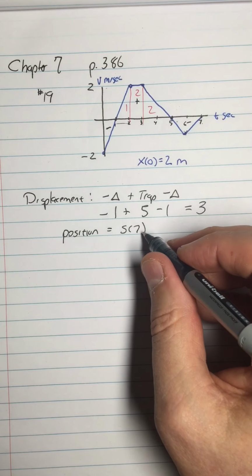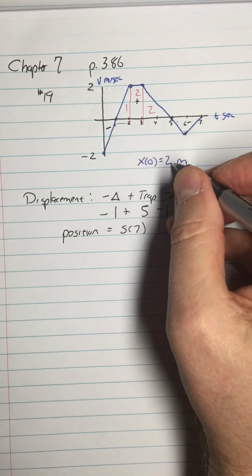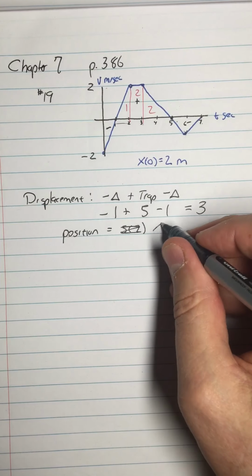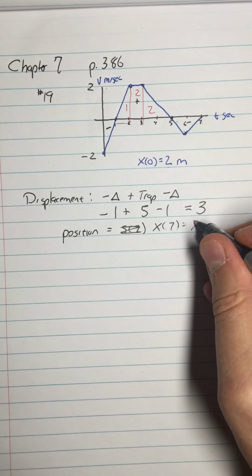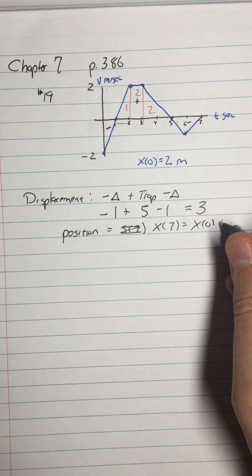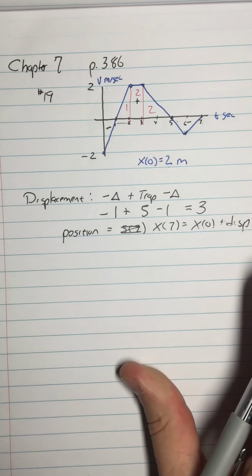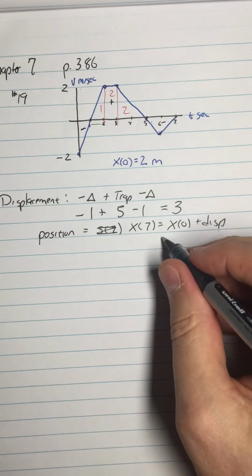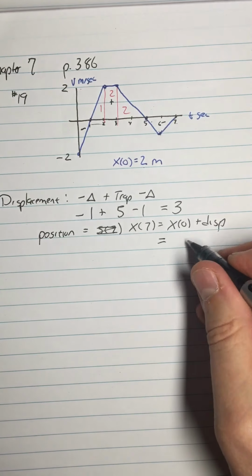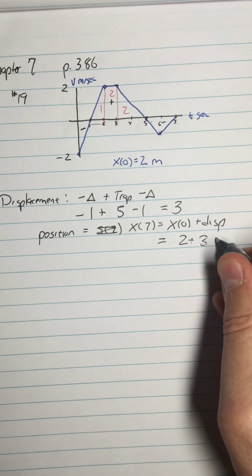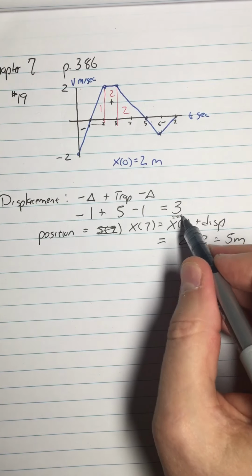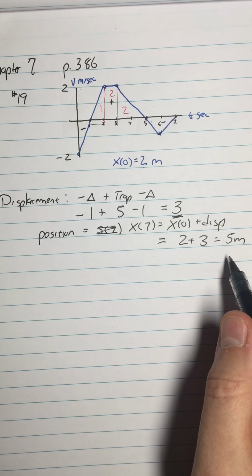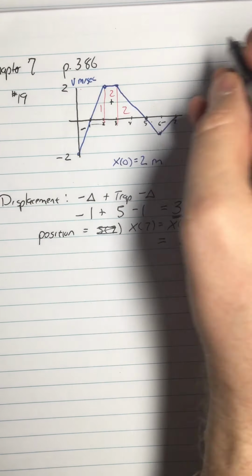But they said x of 0, so I won't say s of 7, I'll say x of 7 is equal to x of 0 plus displacement, just because I like to neurotically write out everything. So my x of 0 is 2, my displacement is 3, so that equals 5 meters. So the position is 5 meters, but it only moved 3 meters. The only reason it's at 5 meters is because it was already at 2 meters.